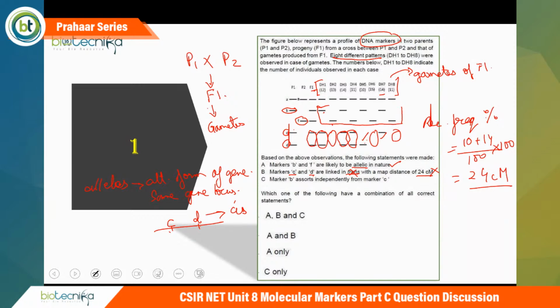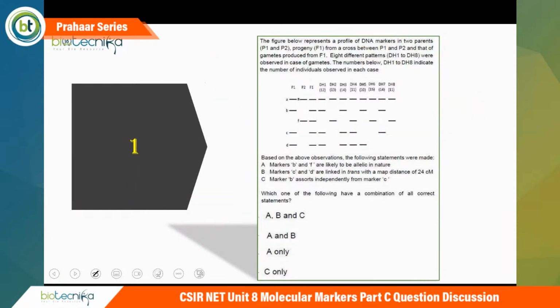The third statement says that marker B assorts independently from marker C. Okay, now I'll just clear the screen here. Marker B assorts independently from marker C. So B and C. Okay. Now again for B and C, if you see, B and C are coming from P1 only. They are both absent in P2. Okay.